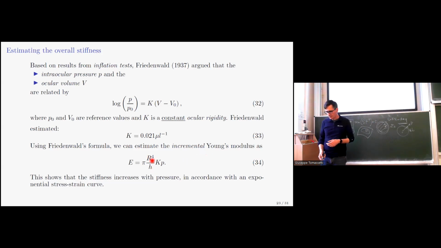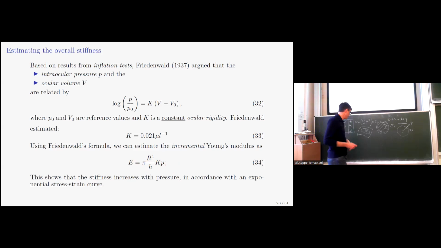Of course, this formula is supposed to hold for relatively high pressures, in the physiological range. So it doesn't work for zero pressure. But what you see here is that the effective Young modulus of the eye from experiment turns out to be proportional to the pressure.